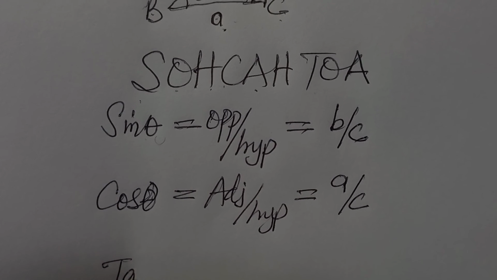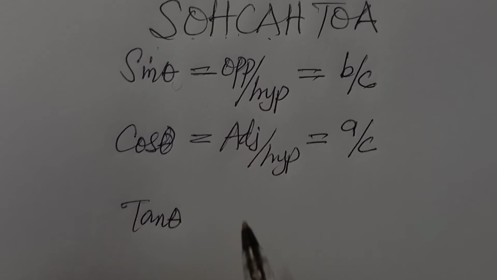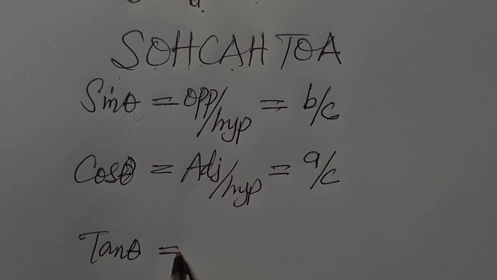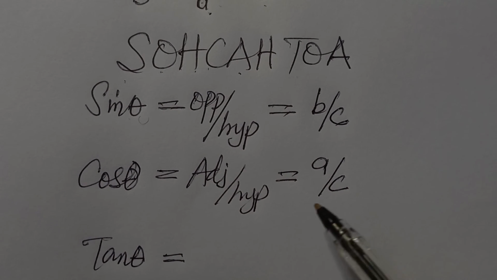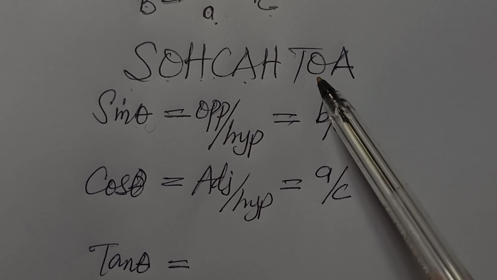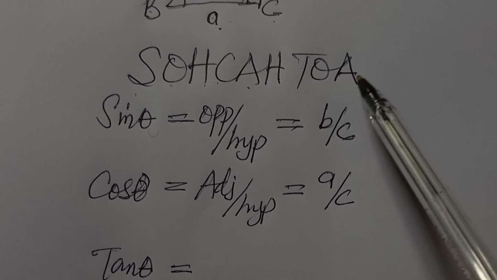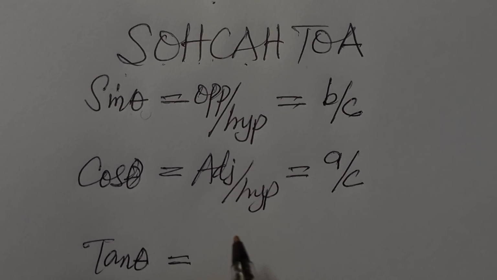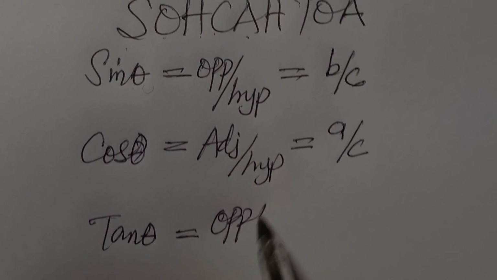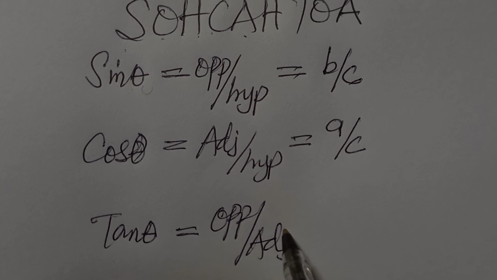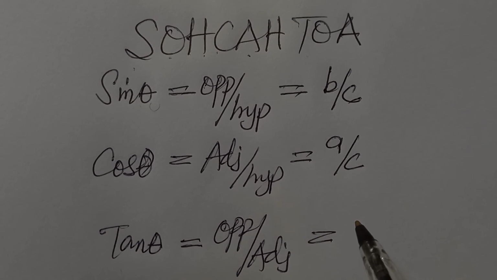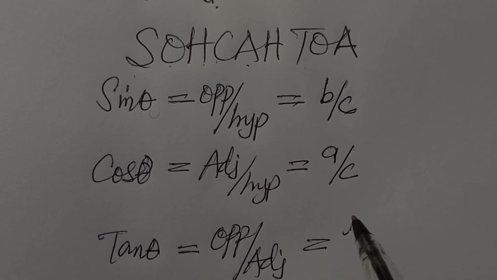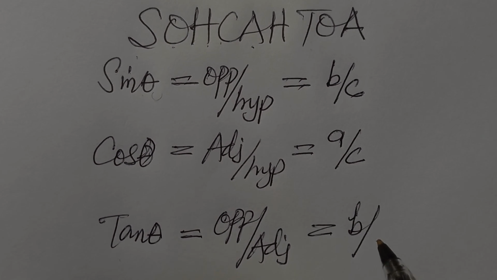So tangent theta, or in short form tan theta, will be equal to, from the trigonometrical identity, opposite over adjacent. This is our opposite and this is our adjacent. So that will be opposite over adjacent, and that will be b over a.